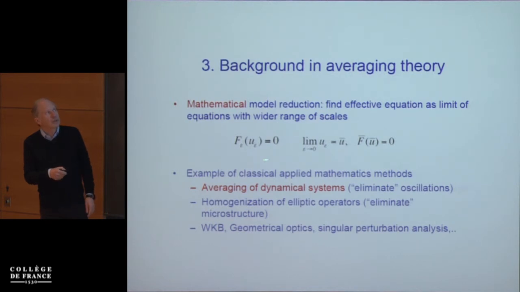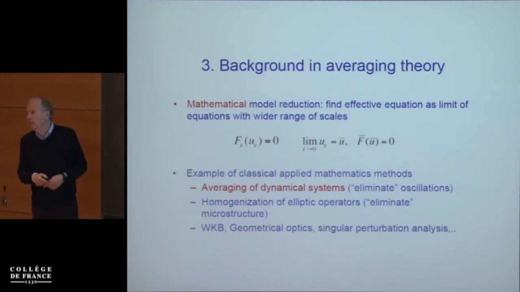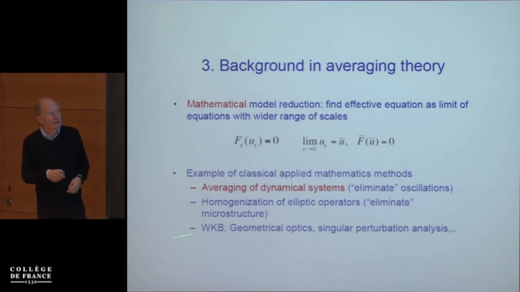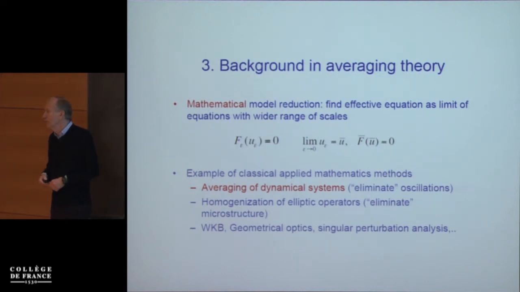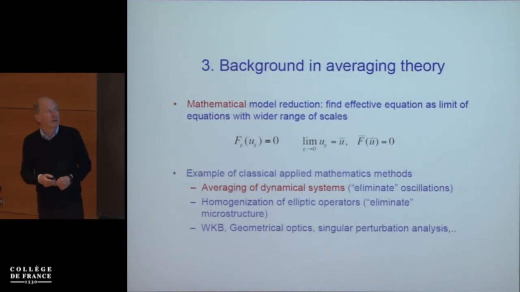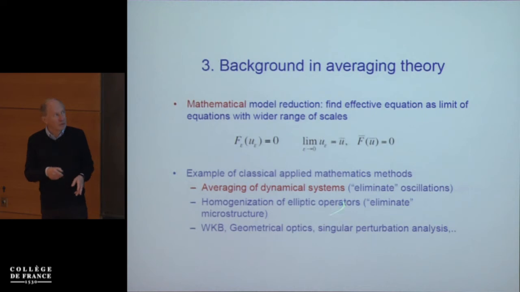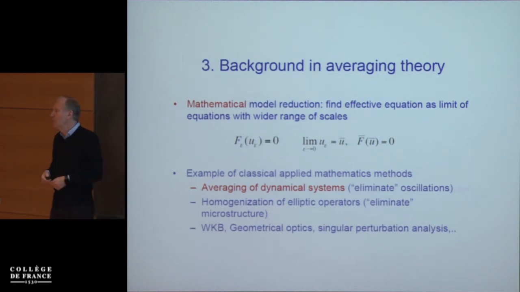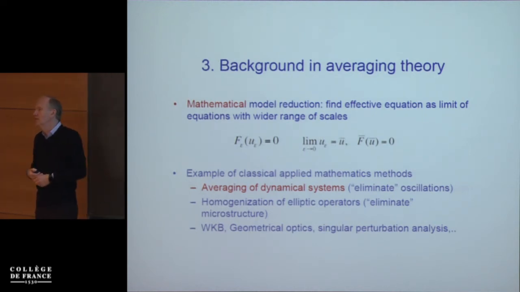Okay, so the thing we'll talk about is just a simple averaging type idea of dynamical systems. Homogenization will come up next time, and then there are, of course, many other settings, in geometrical optics, whatever it is, where there is a well-established mathematical theory. So, for example, when you try to prove something about this, a guideline would always rely upon some mathematical limiting theory.